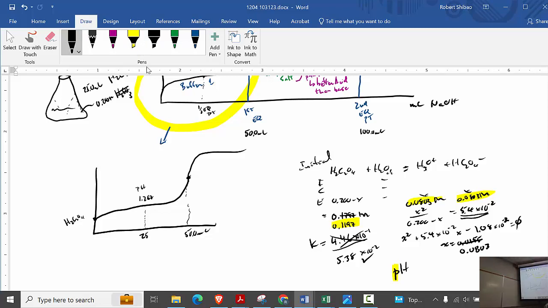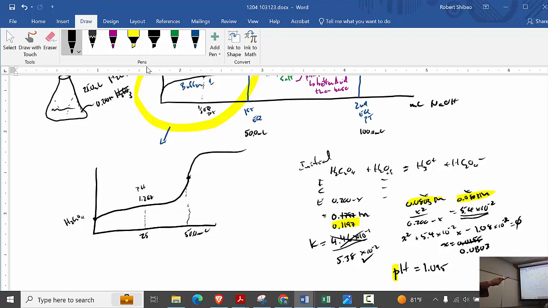That was, I think, problem number 97. And so the pH comes out to 1.095. That's really low. Oxalic acid is borderline strong. Now, if you look at the chart here, where is oxalic acid?